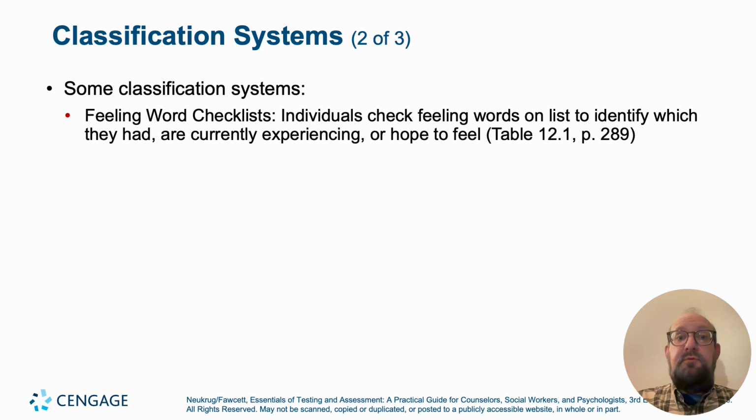A key benefit of using a feeling word checklist is that it really is a great tool to assess emotional intelligence, and we talk about emotional regulation, and assess areas of growth.